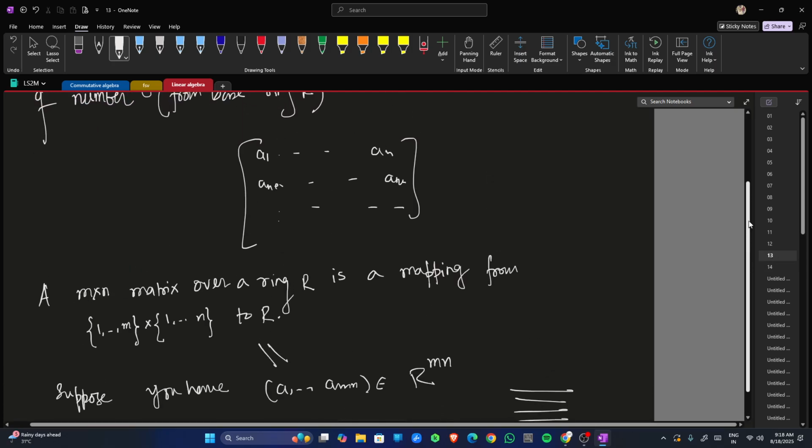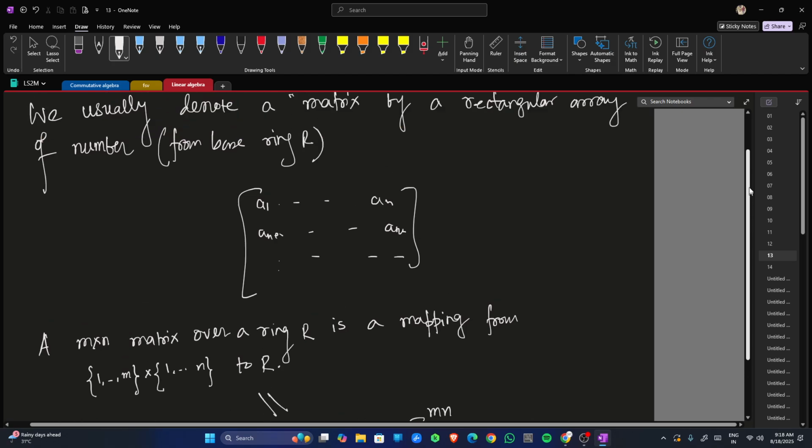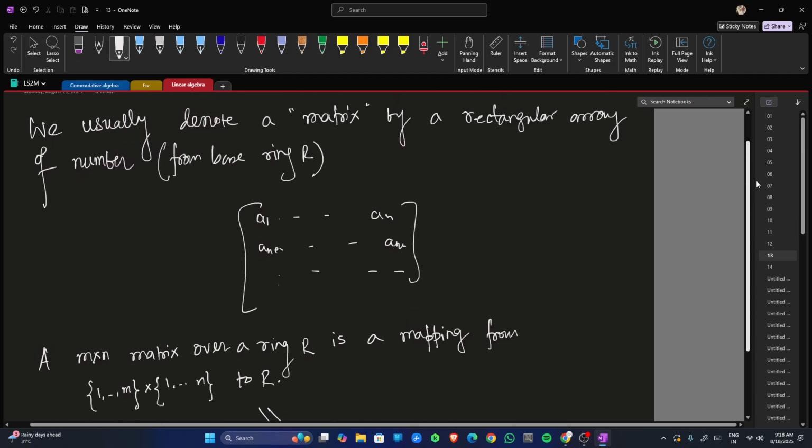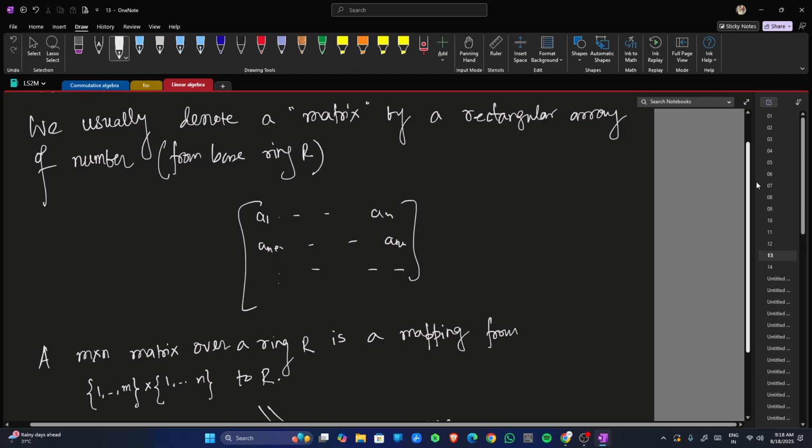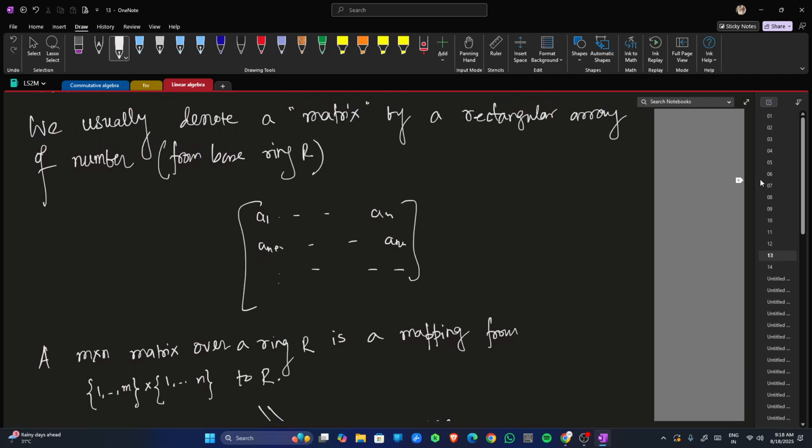This is all some kind of heuristic thing, but usually when we say this is a matrix, we refer to this form, not this form. There is a rectangular array of numbers, m rows, n columns. We say this is the number of food items, number of clothes, and so on.